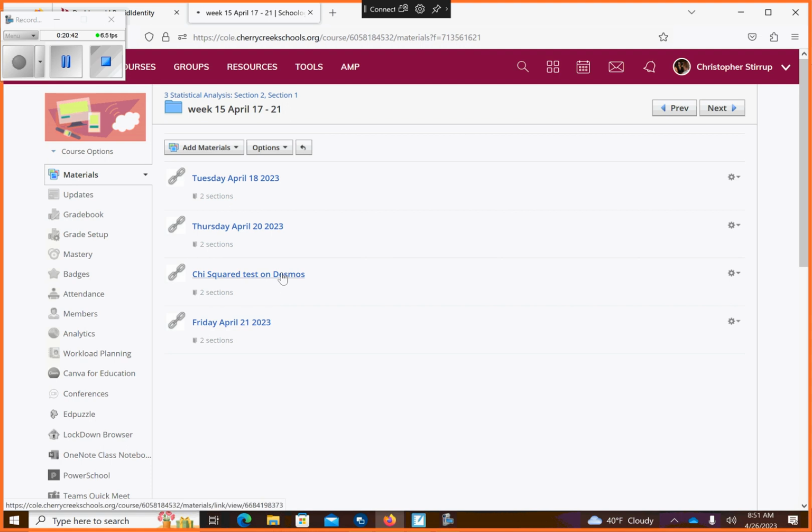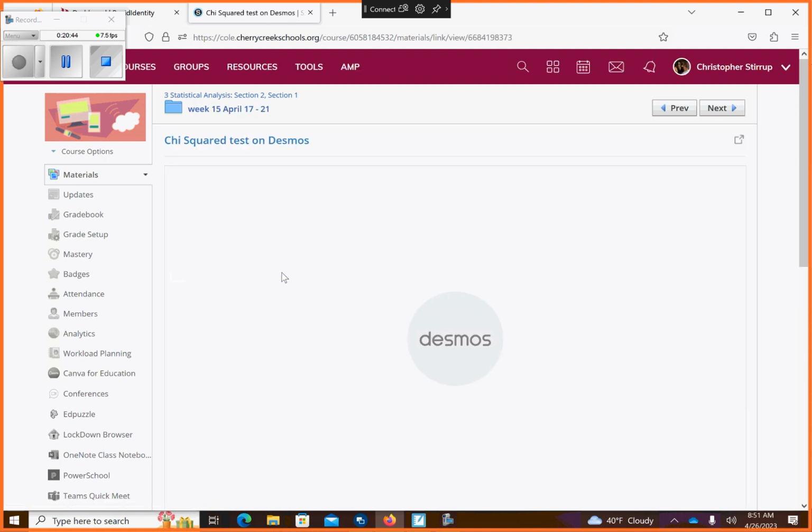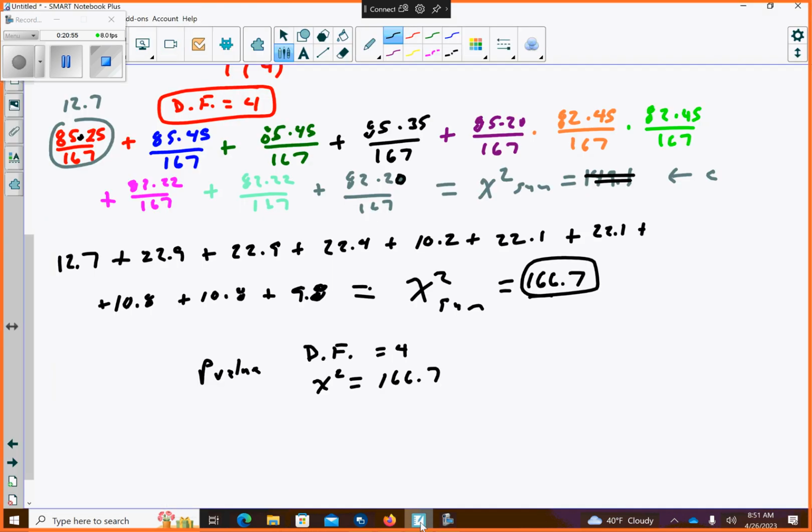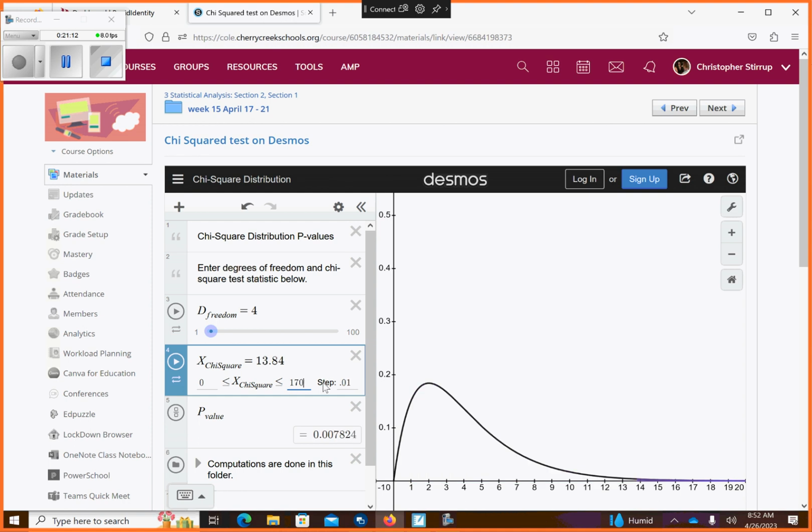All right, so chi-squared on Desmos. Degrees of freedom 4. And then my summation was 166.67. So I have to change it on Desmos right here. I think I changed that. So I can go up to 170.